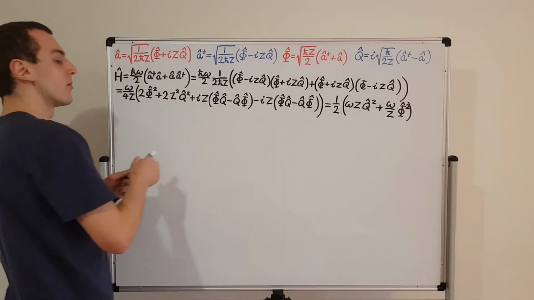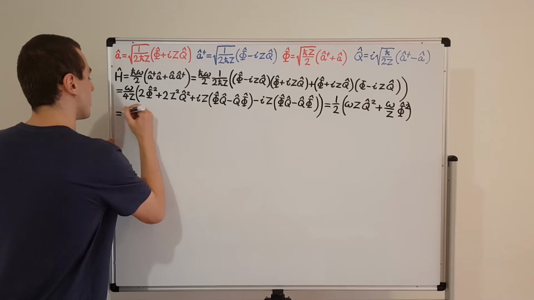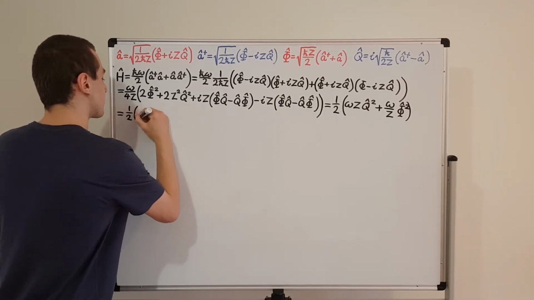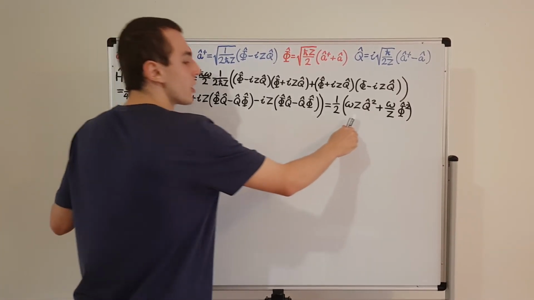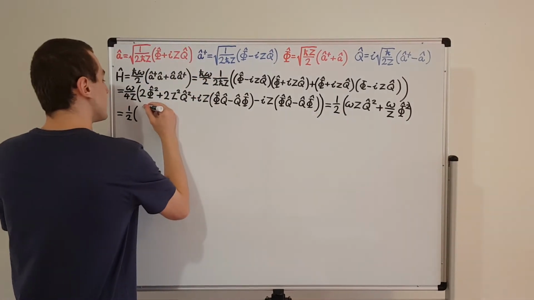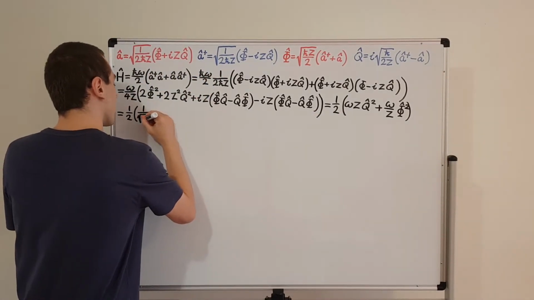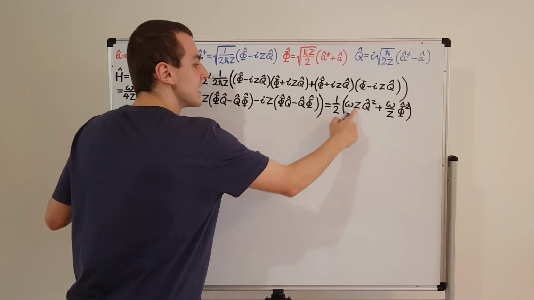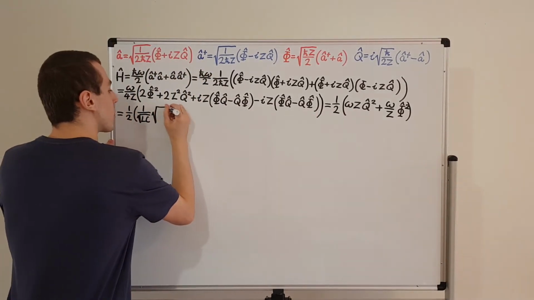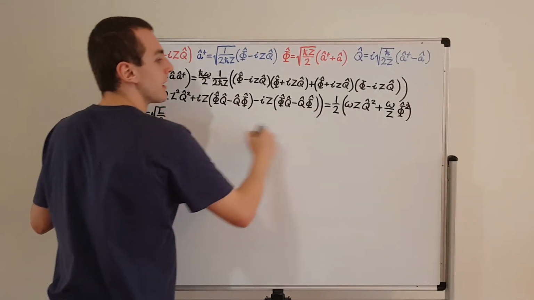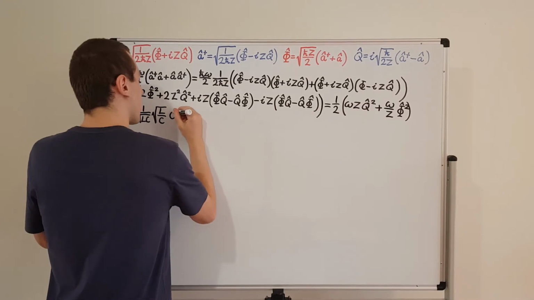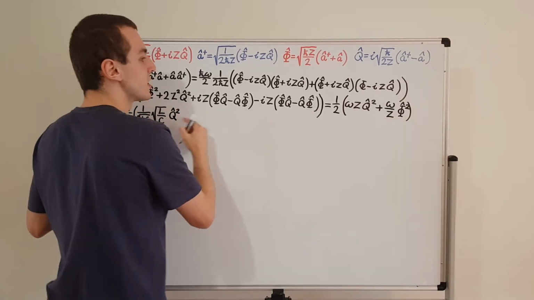Now, let's write this out in full. We're going to have 1/2 times, let's have a look at it over here. Omega is 1 over the square root of LC. And this z is the same as the square root of L on C. Then q squared is going to be over here. So we have this q squared.